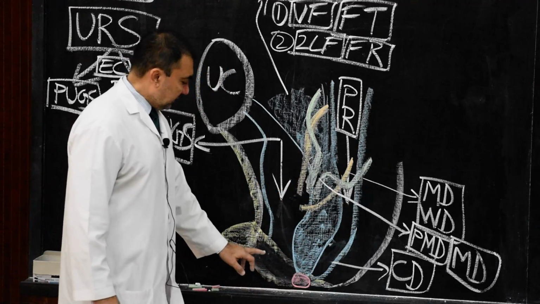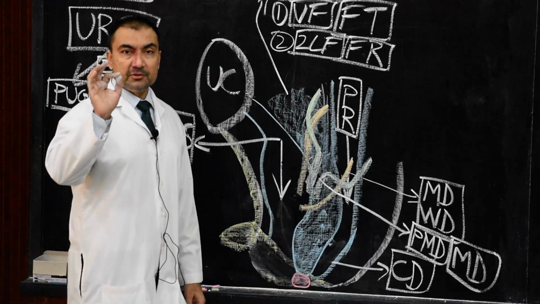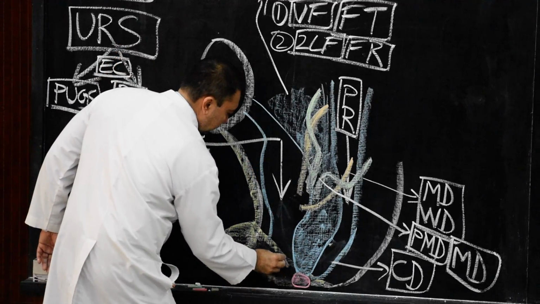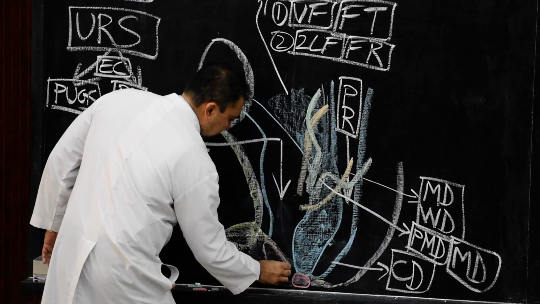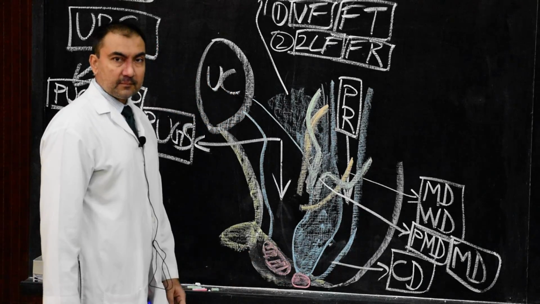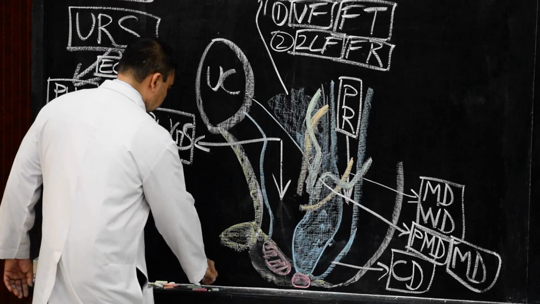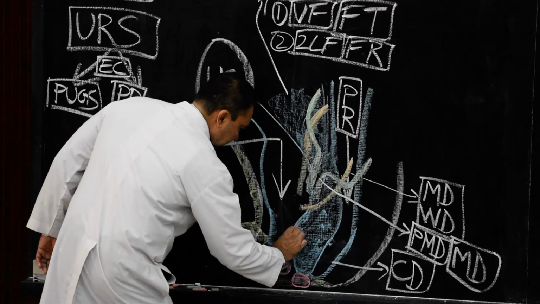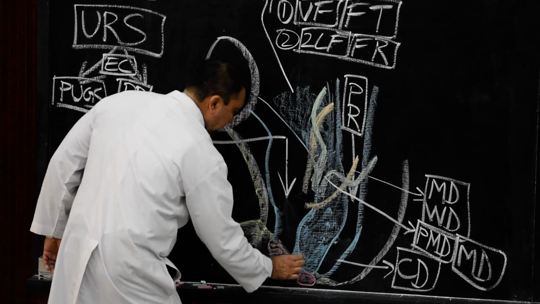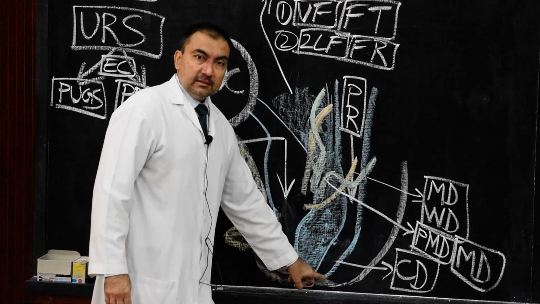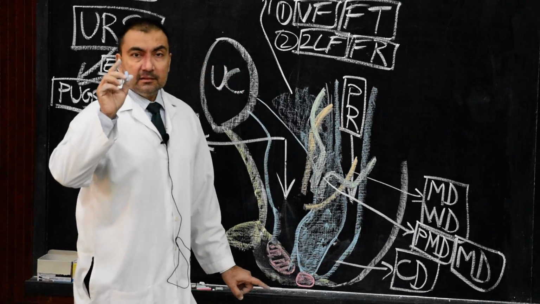portion. The ventral portion of the membrane will be known as urogenital membrane. That urogenital membrane I am going to show over here. This is where I show the urogenital membrane. Ventrally, it is called urogenital membrane, and with a proper diagram we are going to show how that membrane is present. And dorsally, it will be known as anal membrane.